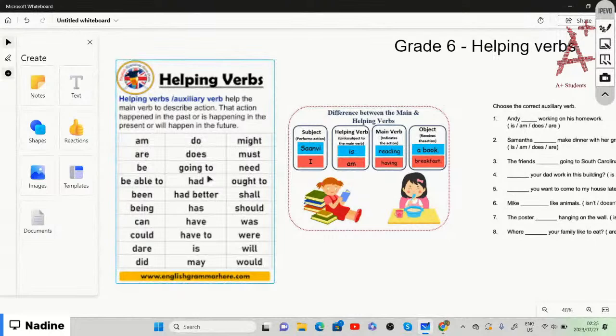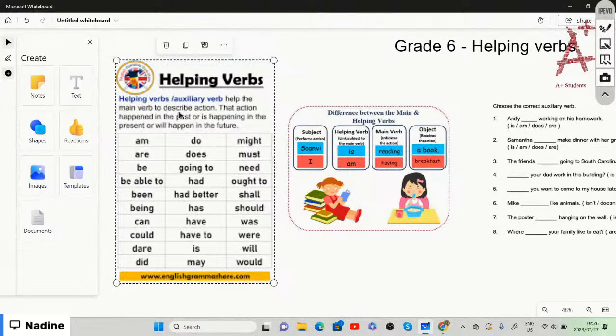Be able to, been, and being, can, could, dare, did, do, does, going to, had better, has, have to, is, may, might, must, need, ought to, shall, should, was, were, will, do.